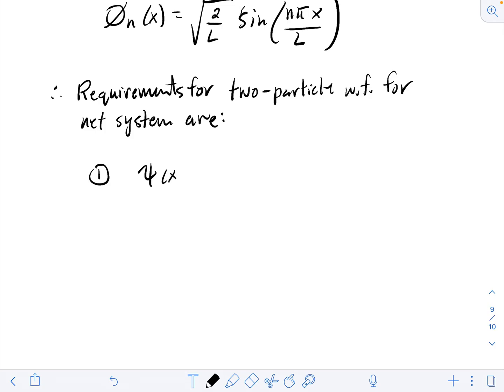One is the exchange property, that if we exchange the positions of identical particles, we get either a plus or a minus sign introduced. So this is the exchange property.